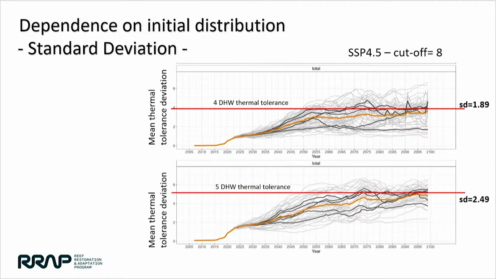But if we change the standard deviation to 2.49, that changes, and we can get up to about 5 degree heating weeks. So the speed is a lot faster, and the final tolerance reached at the end of the century is a lot higher. And that does have quite an impact on our coral covers across time as well. So it just goes to show that we really need to do a bit more research in that field.